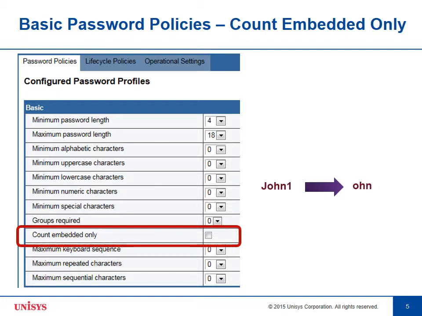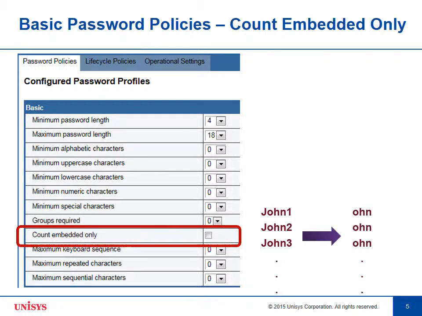Thus, if a numeric character or a capital letter is required, John1 would not be accepted as a new password. When Enforce Password History, an option we'll look at in a few minutes, is configured, Count Embedded Only would prevent the user from using a series of similar passwords, like John1 followed by John2 and John3, because they would all look the same after the first and last characters were eliminated.